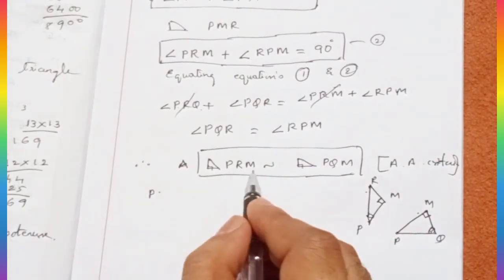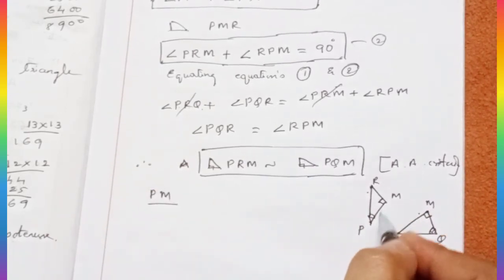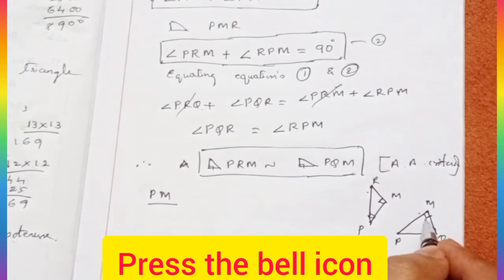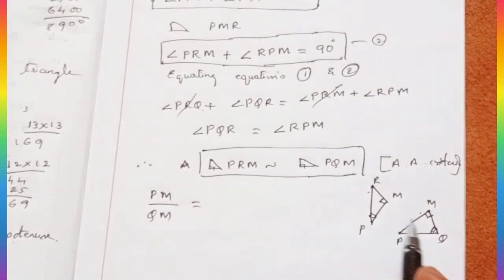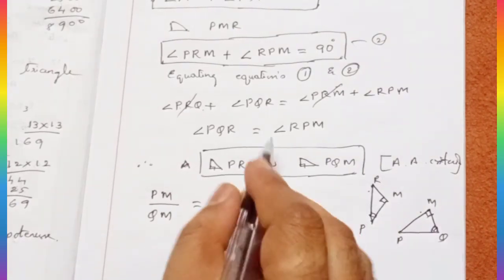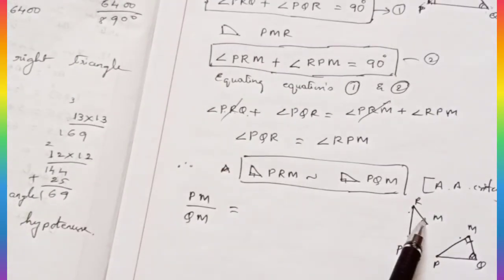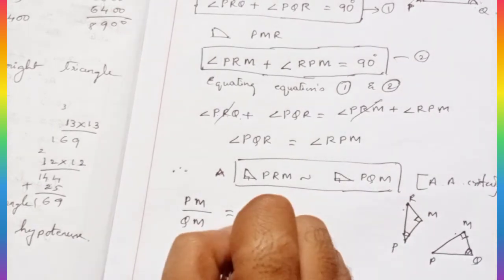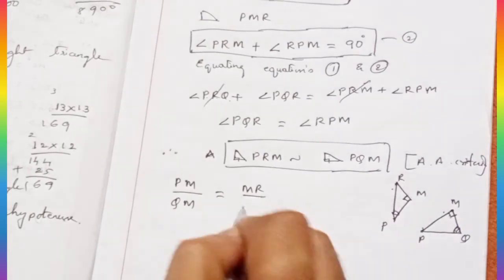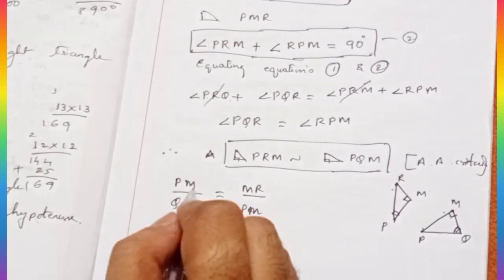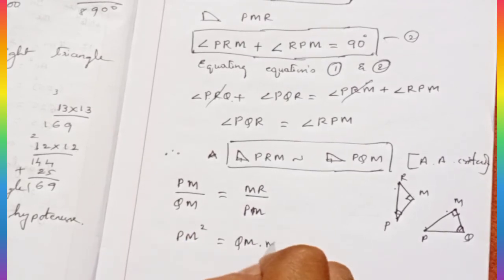First I am taking triangle PRM, that is PM by, so 90 degrees and the corresponding equal angle, the side is QM, that is equal to, now I need RM. Because you can see in the question itself, MR or RM we need. Therefore, I'm going to take 90 degrees and the remaining angle, that is MR, by here 90 degrees and the remaining is P. So this is the side PM. Cross multiply: PM into PM, that is PM square is equal to QM into MR.